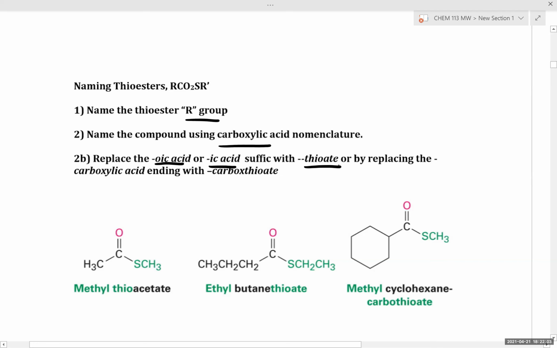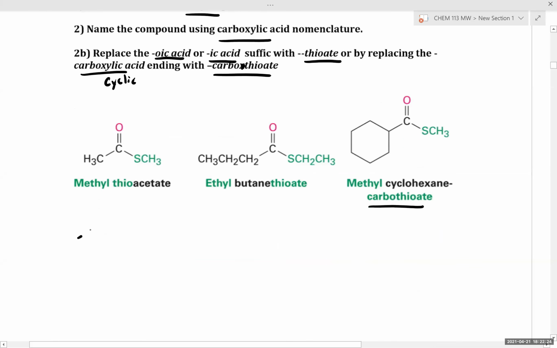If you have a cyclic system and your thioester is attached to a cyclic ring, you replace the carboxylic acid suffix with the carbothioate suffix.